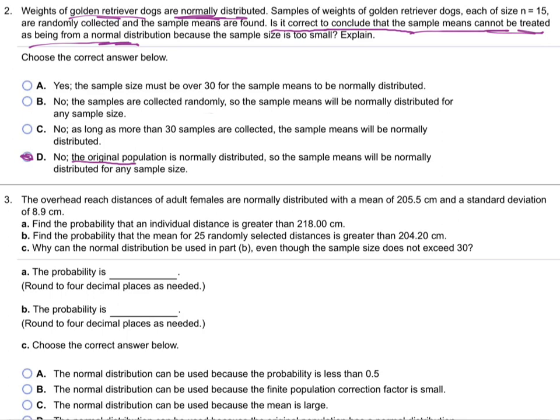They're really tricky on these things. The original population is normally distributed, so it's all good. We don't care about the fact that they only had 15. That's what they're trying to trick us on. They're giving us less than 30, saying, is that a problem? And it's not a problem because the original already was a bell. We didn't need more than 30 to make it a bell.